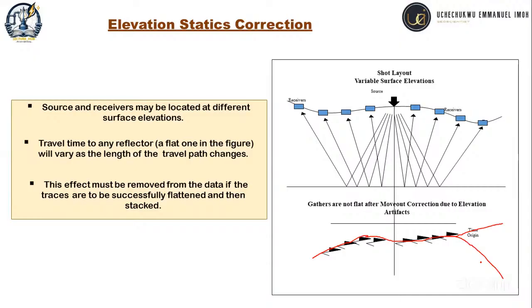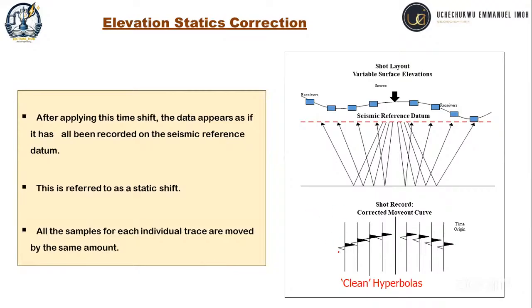So you are trying to correct the effect of elevation and make them hyperbolic, and you will now get something that tends to be more hyperbolic. So that is it for elevation statics correction.